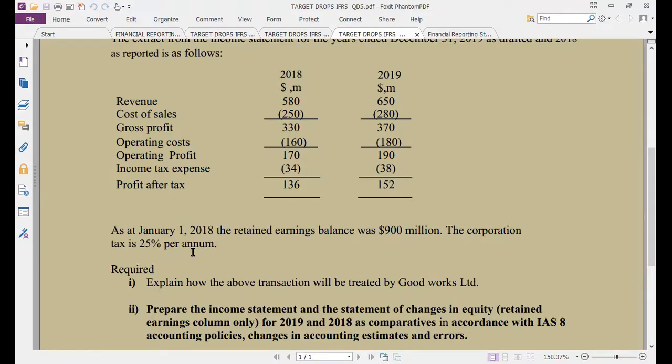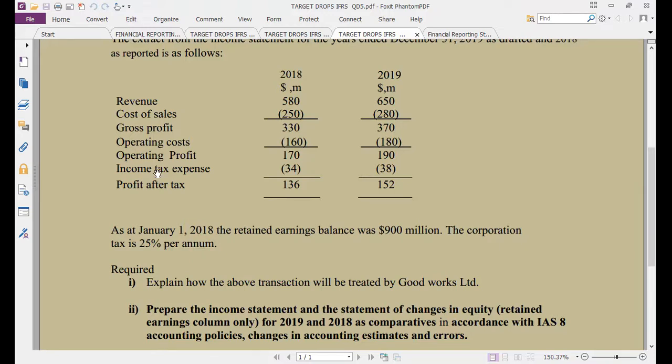Now, as at January 1st, 2018, the retained earnings balance was $900 million. The corporation tax is 25% per annum. So explain how the above transaction will be treated in the books of Good Works.